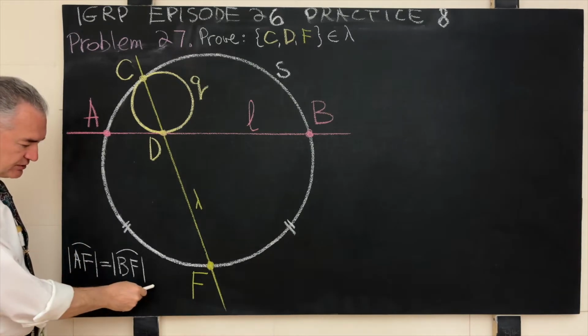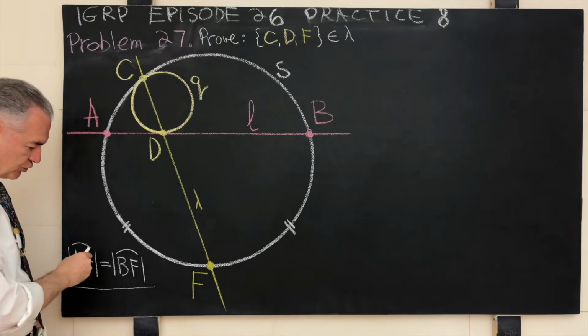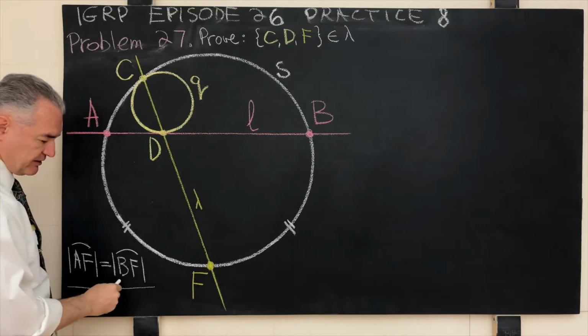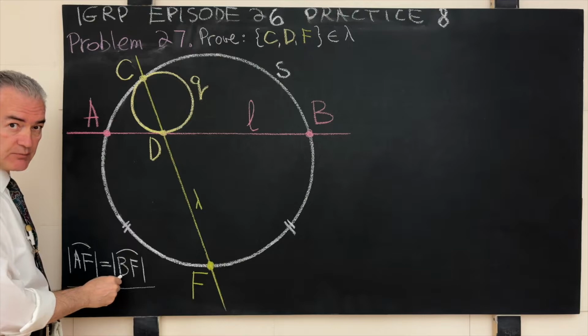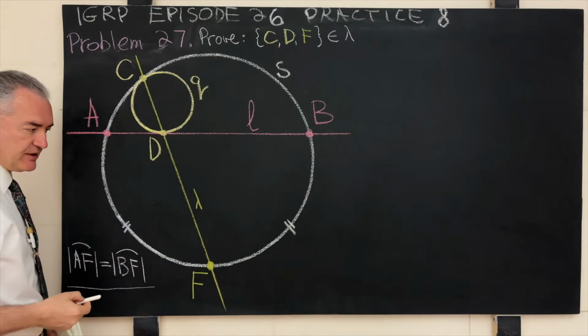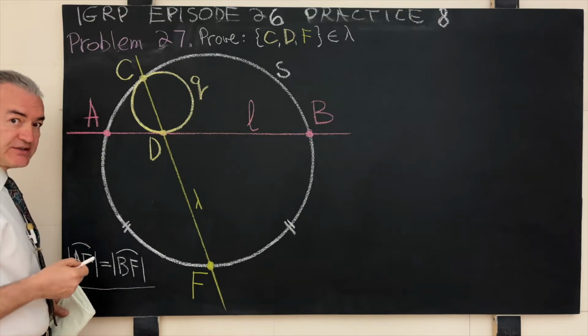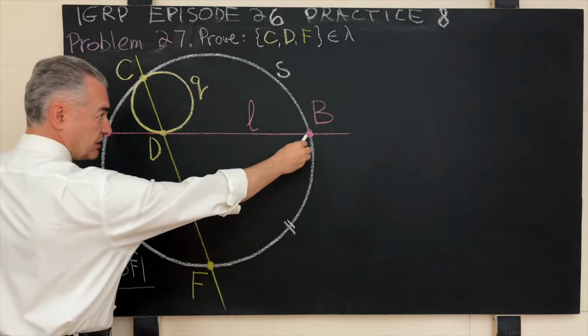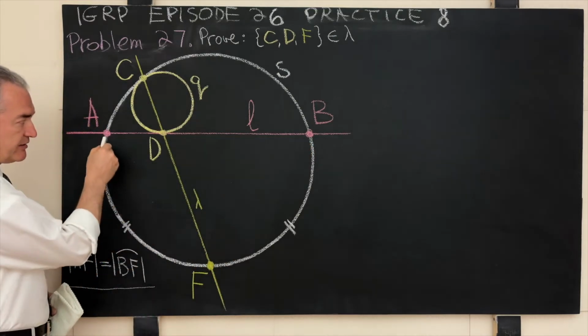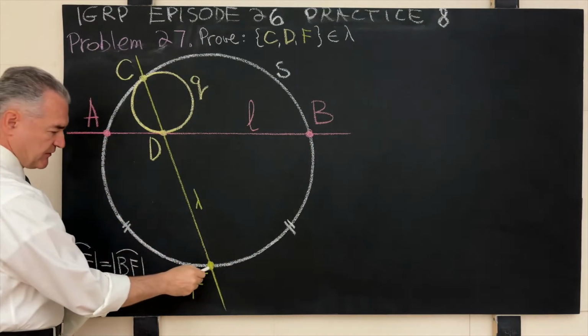I captured this requirement here: the circular arc AF, this portion, is equal in length to the circular arc BF. But we also understand that the minimizing geodesic distance-wise, the line segment BF, is in length equal to the line segment AB.